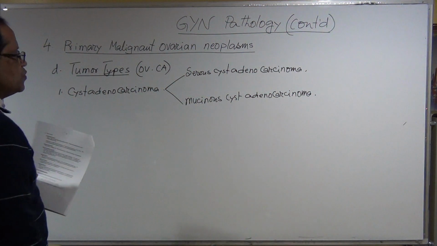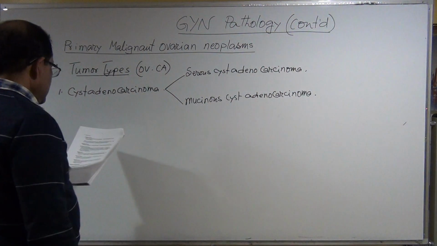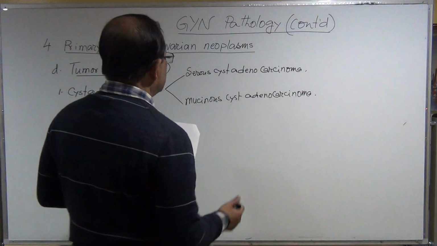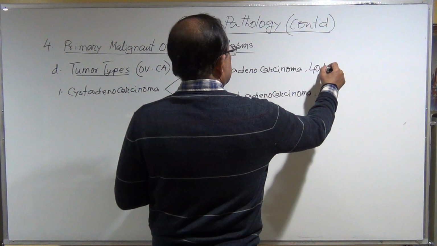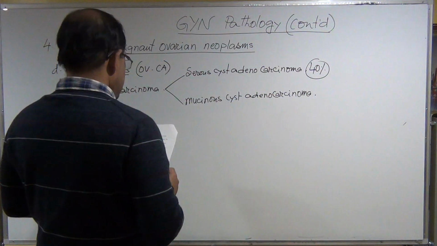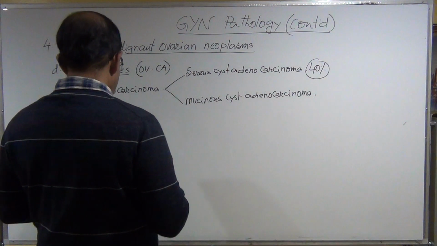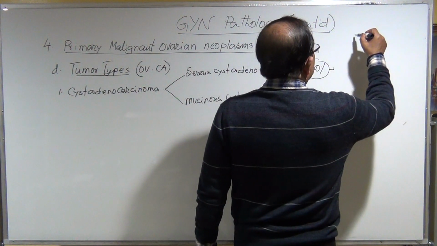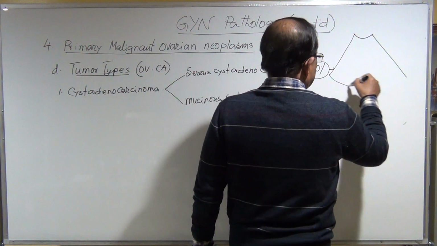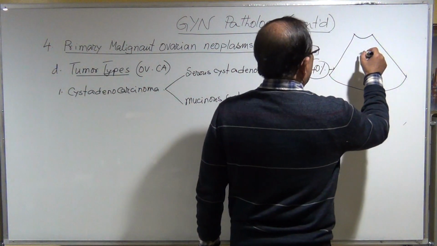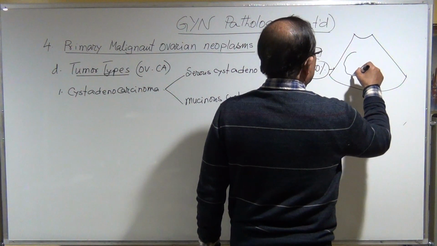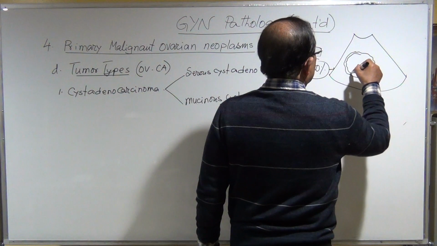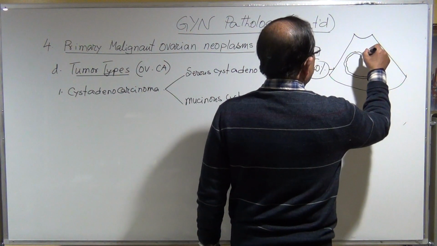Serous cystadenocarcinoma, mucinous cystadenocarcinoma. The serous that make up the bulk of the ovarian cancer is approximately 40%, and they have the appearance of a thick walled unilocular cyst. Most of the time, if you can see it in the ovary, most of the time unilocular.